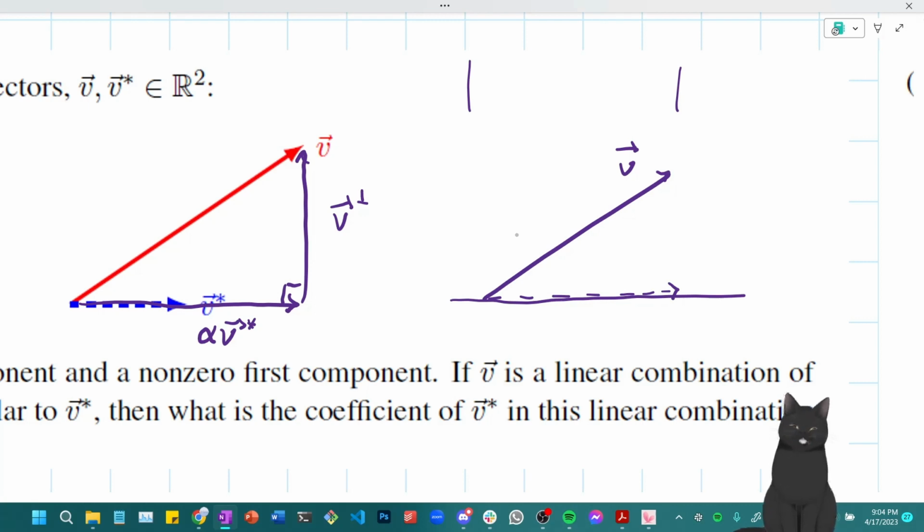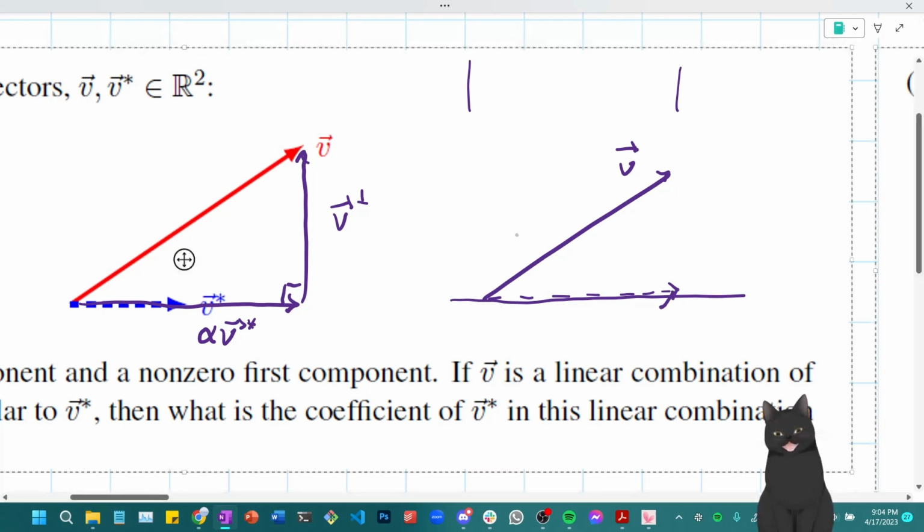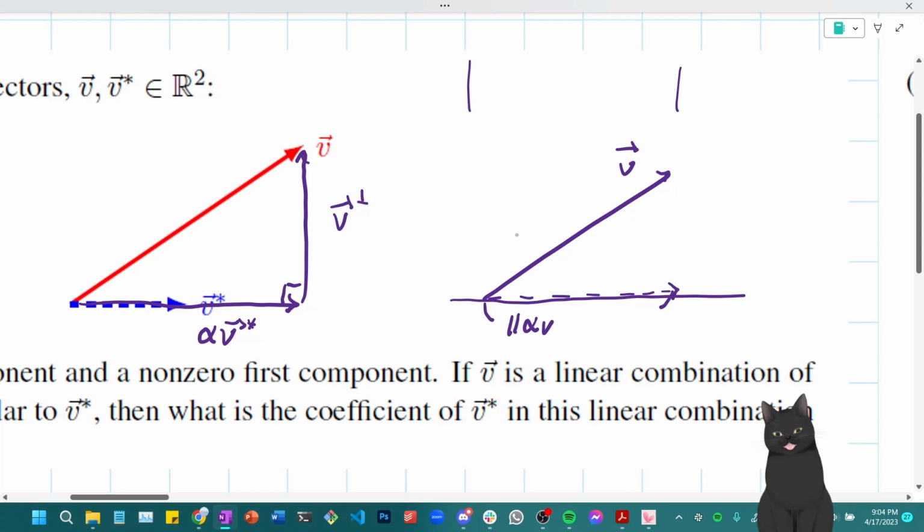So that was the problem we're trying to solve. For example, we figured out that the length of this component is supposed to be equal to alpha v star. So if we know the direction, we can just say that the length of alpha v star is equal to alpha times the length of v star, and we also knew what alpha is by solving the problem.